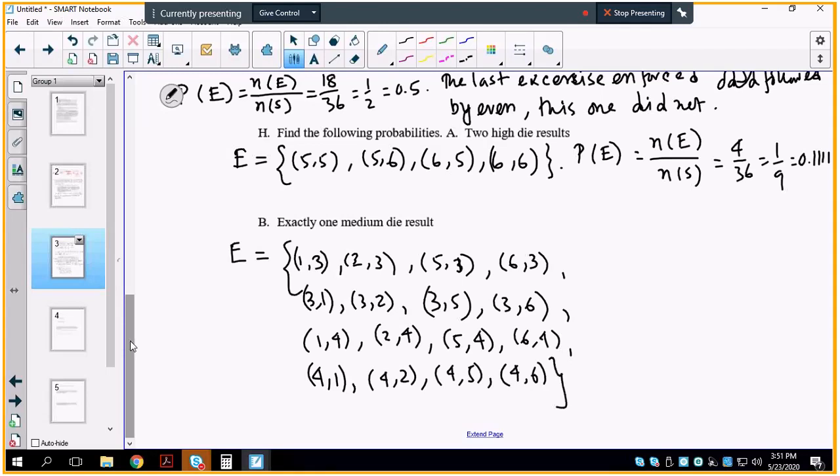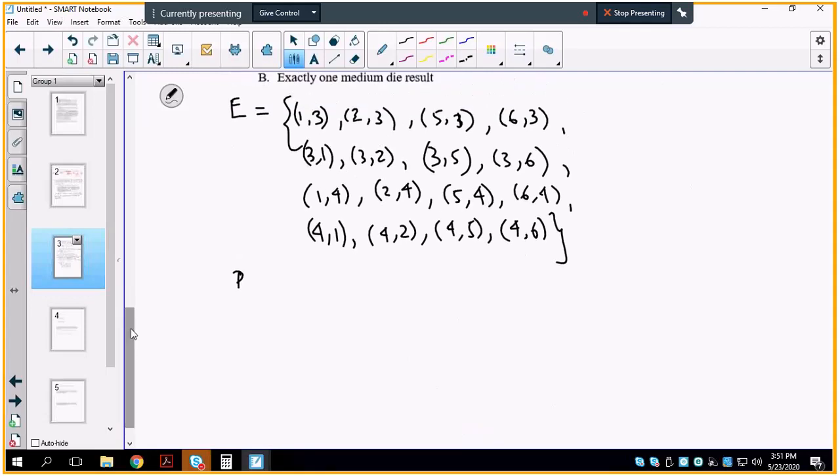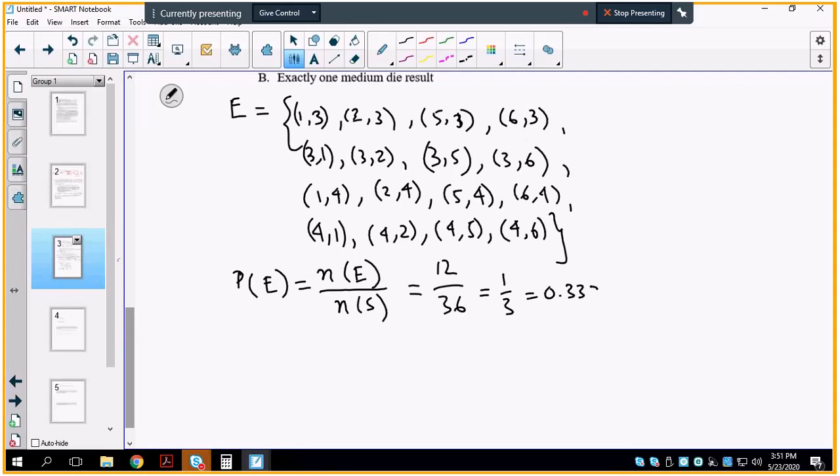So how many of them do I have now? The probability of this event is the number of elements in the event space over the number of elements in the sample space. And I think I have 12 of them. So it's 12 over 36, which is 1/3, and that's 0.3333 rounded to 4 decimal places.